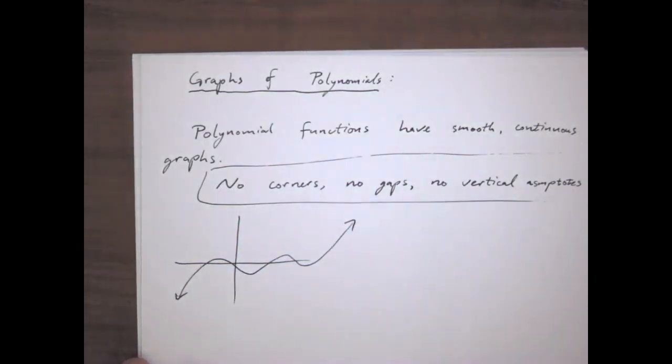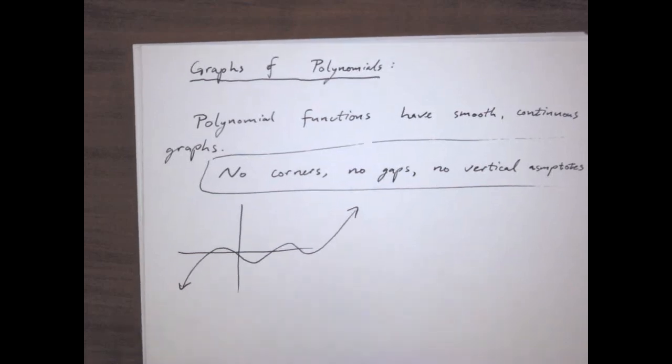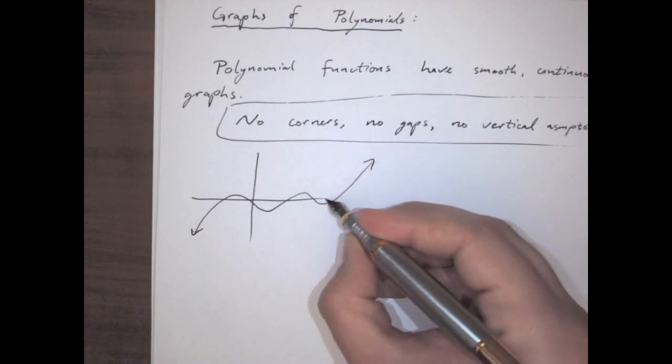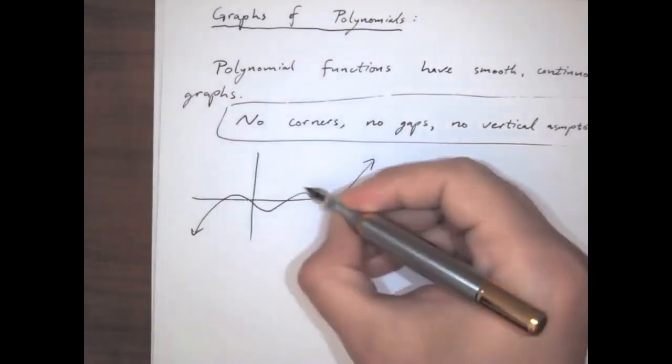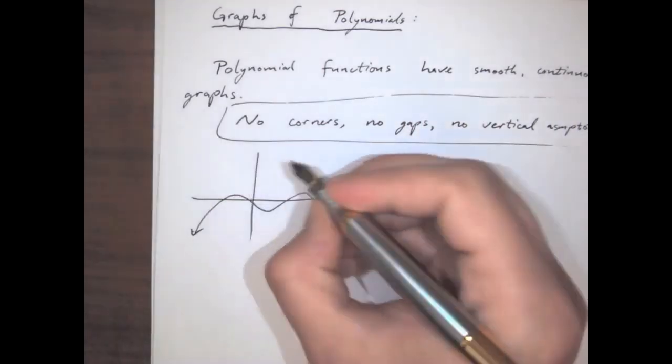Now, a couple of things about the graphs of polynomials that depend on the degree would be the number of crossings it's allowed and the number of times it's allowed to change direction.